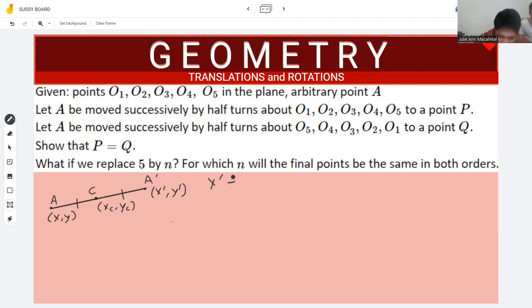We use the midpoint formula, the formula that states if you add the coordinates of each endpoint of a segment and then take the mean, or divide by 2, you will get the coordinates of the midpoint. So just moving backwards, you can see x prime is equal to 2x minus.